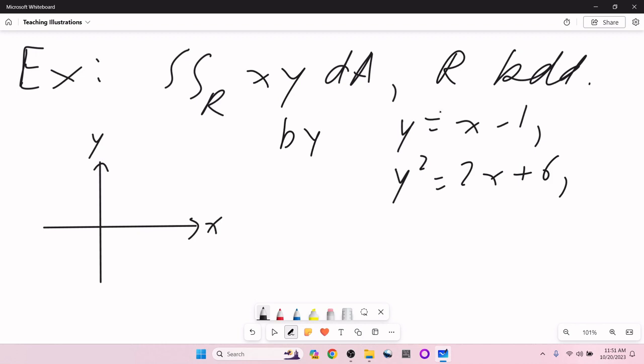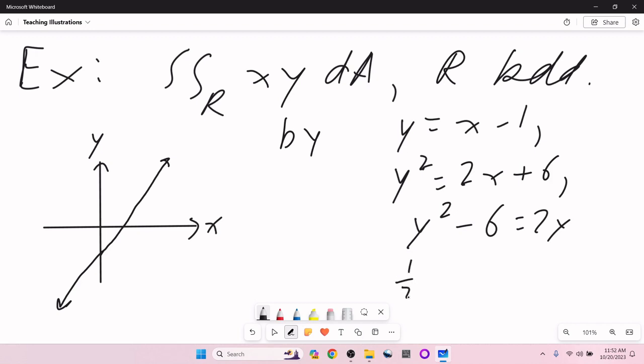So let's see. Y equals x minus 1. It's like this. Y squared equals 2x plus 6. Okay, now this is a parabola that's going to open sideways. So I think it makes sense to solve this for x, just to figure out what the parabola would be. It'd be y squared minus 6 is 2x, or 1/2 y squared minus 3 is x.